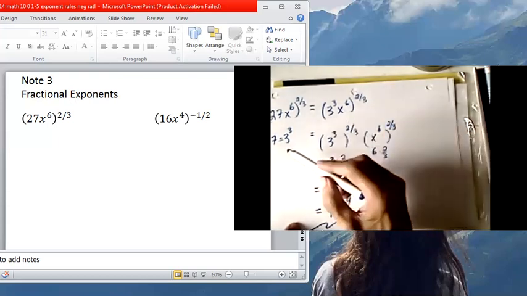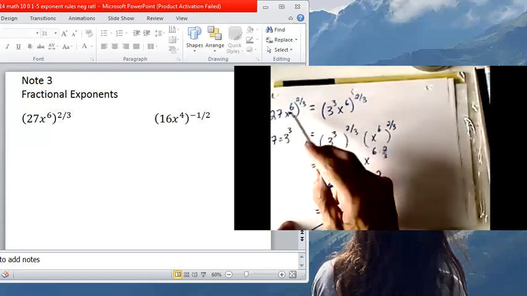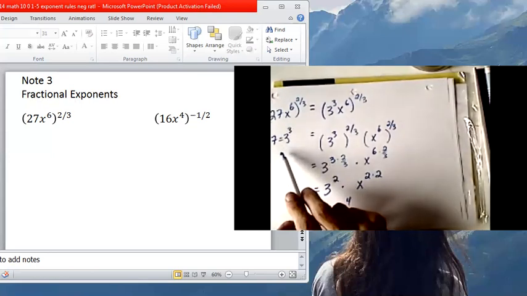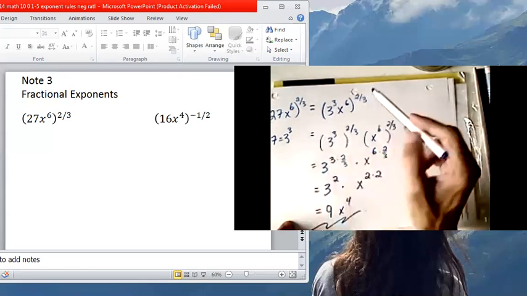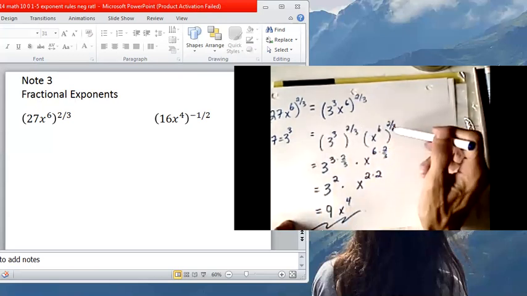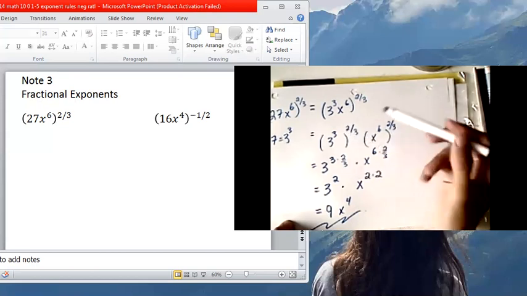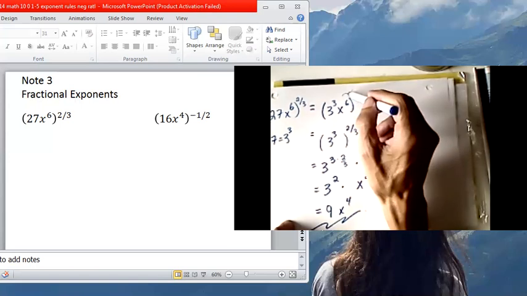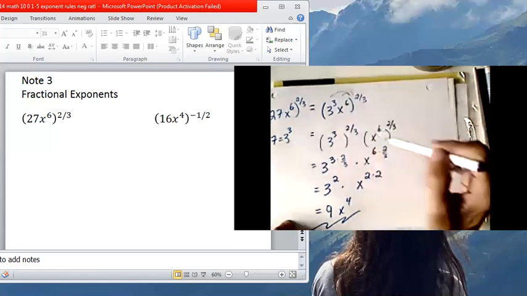Okay, but just as a reminder, just quick overview again. We had the 27, got the prime factorization. Careful with the writing, keep the exponents in exponents. But we use the rule where each thing gets the exponent on the outside.